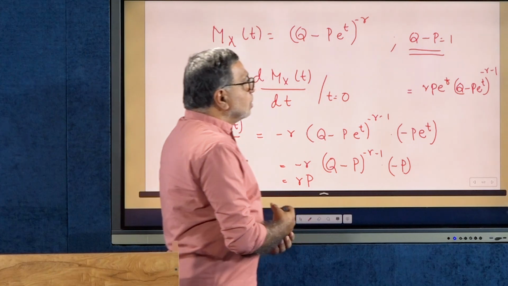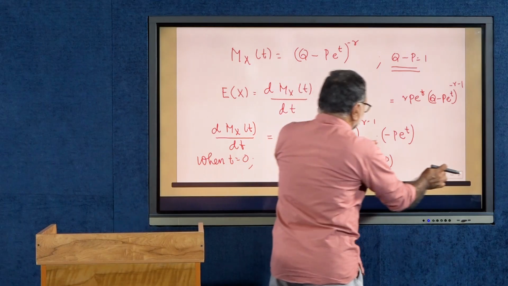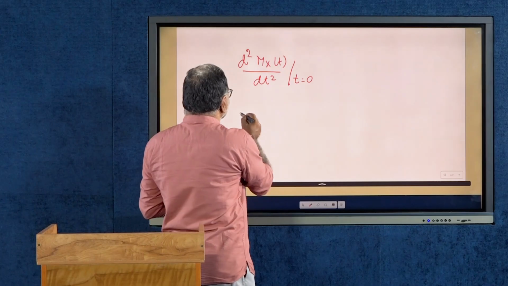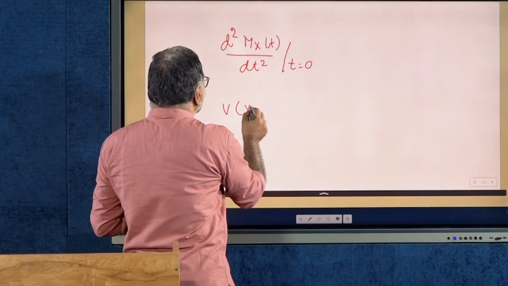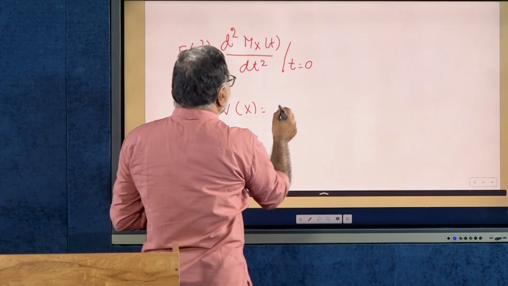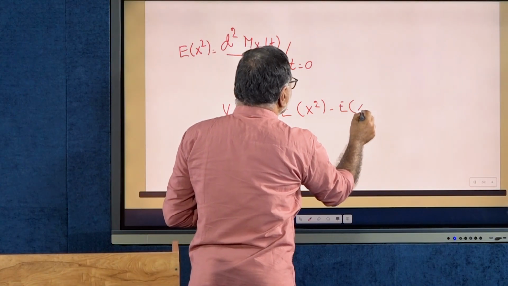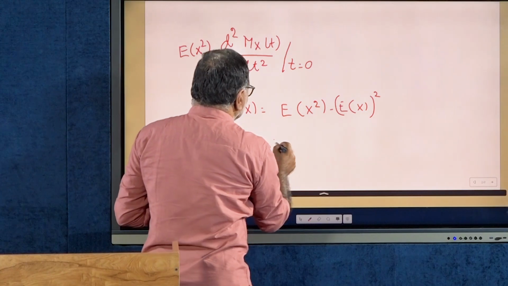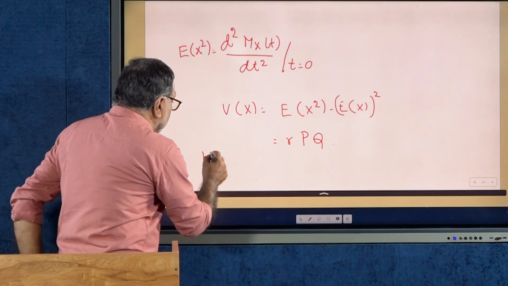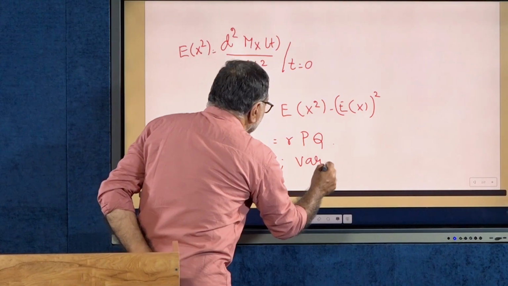That was the first derivative of the moment generative function. Use this expression to find the second derivative of the moment generative function, and variance of x is obtained by, this is our expectation of x square. Variance of x is equal to expectation of x square minus expectation of x the whole square, and substituting the values, this becomes rPQ. So mean is equal to rP and variance is equal to rPQ.